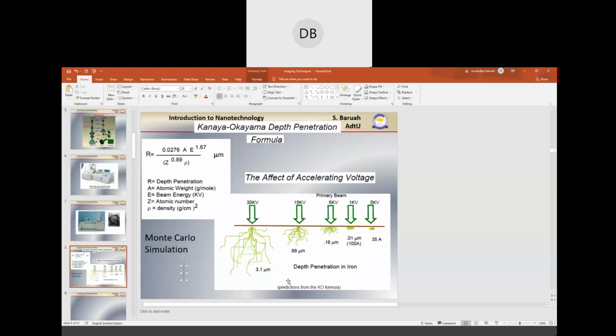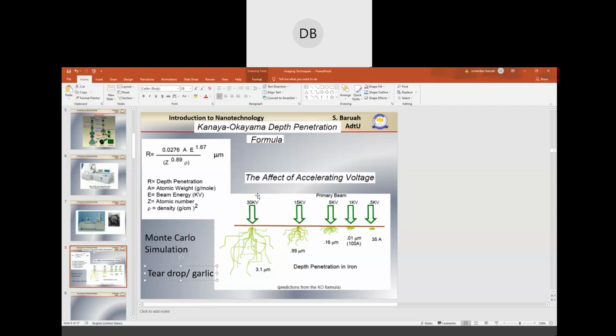It will be like that of a teardrop. Or you can even say it might look like garlic, a whole garlic. You've seen a whole garlic, right? That type of shape inside the sample, and that's where all the electrons will be streaming out.